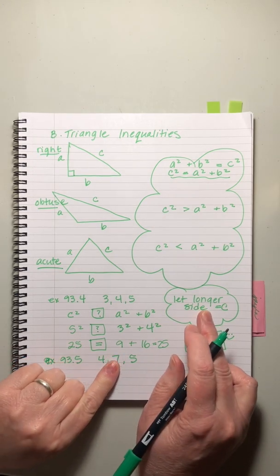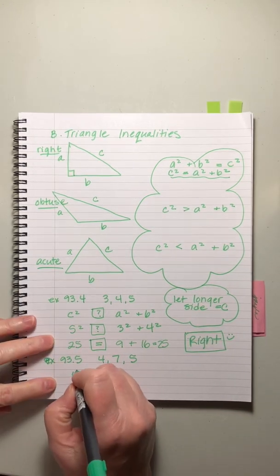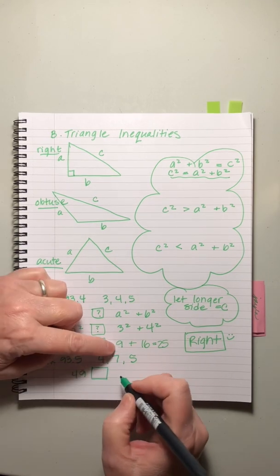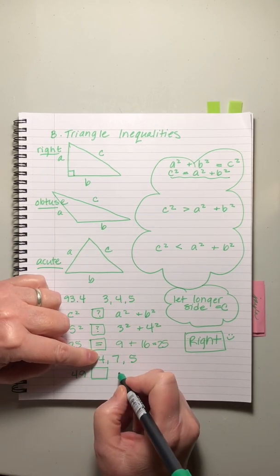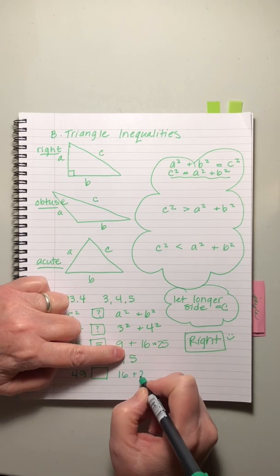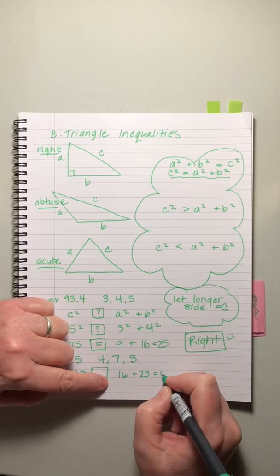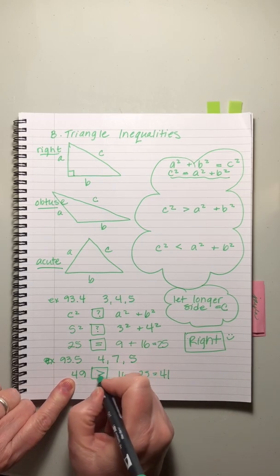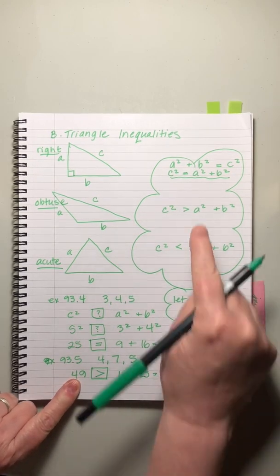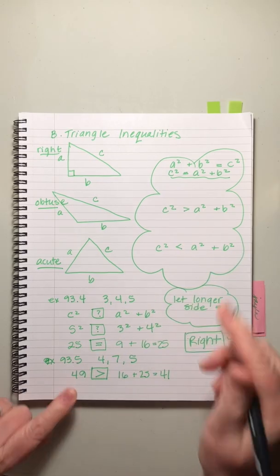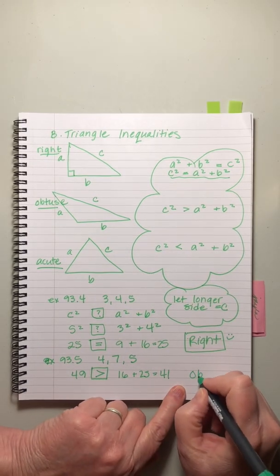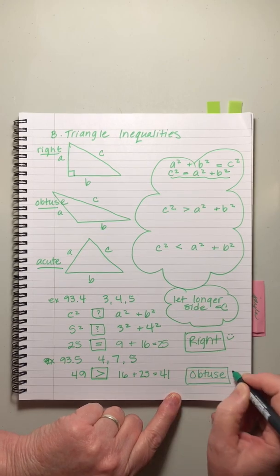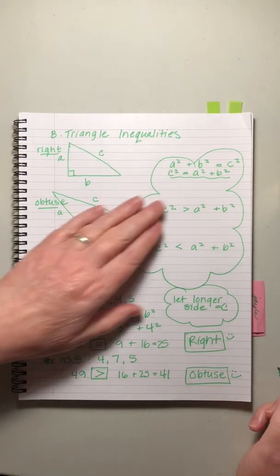We let the longer side equal the C, so we've got 49 something to 4 squared is 16, 5 squared is 25. That equals 41. Okay, 49 is greater than 41, right? And so this must be obtuse. And it is. Makes sense? That's kind of easy and kind of fun.